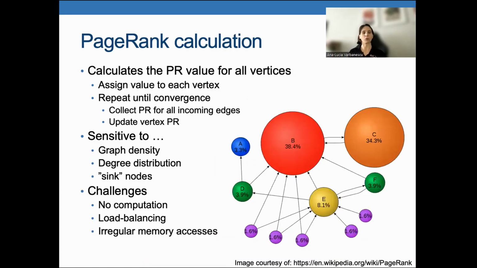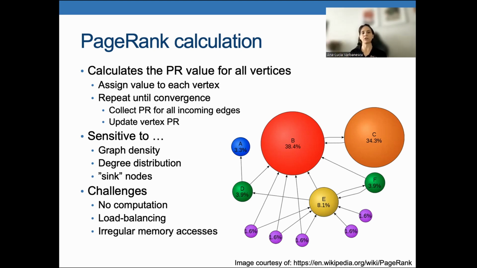Now, if you're thinking, okay, but BFS is terrible as an algorithm because it has a lot of very unfortunate properties, we can also look at something like PageRank, where you have two small advantages. One, there is some computation happening, and two, you have all the vertices being potentially active in every iteration.